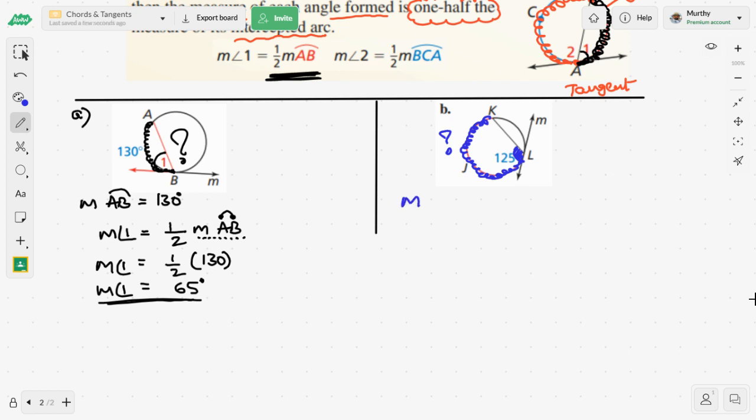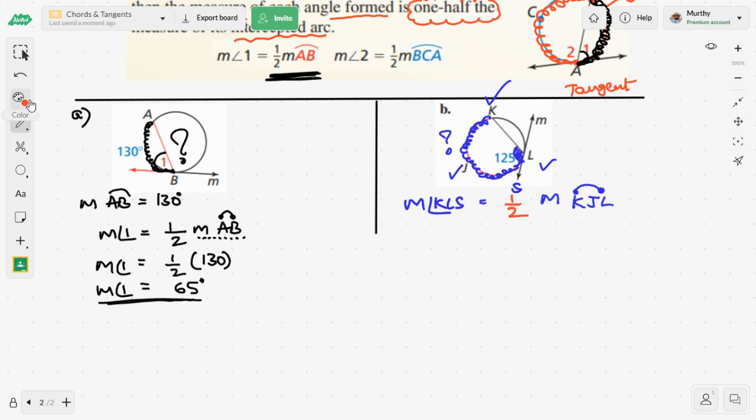Therefore, the measure of arc KJL, starting with K, then J, then L. So if I write that measure of angle KLS equals half the measure of the arc.